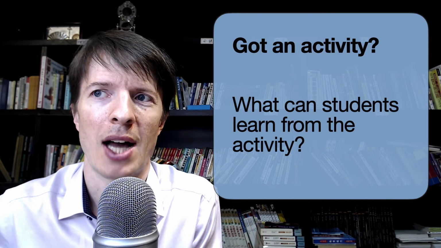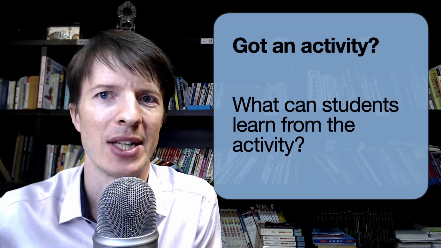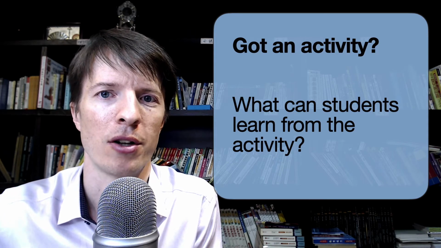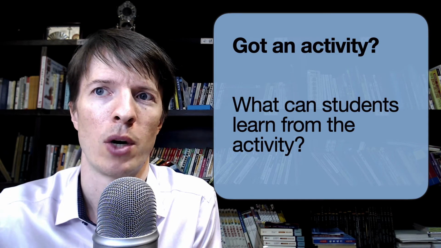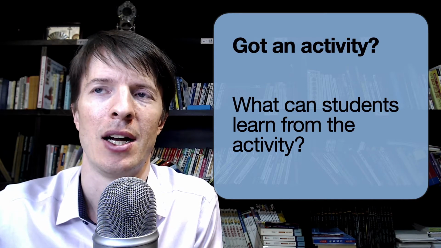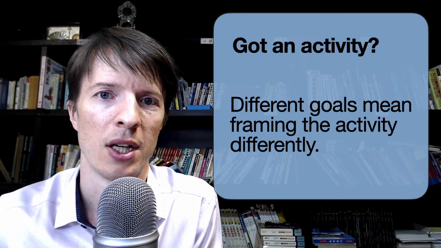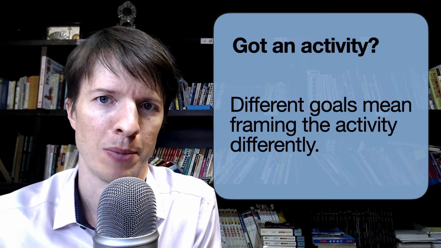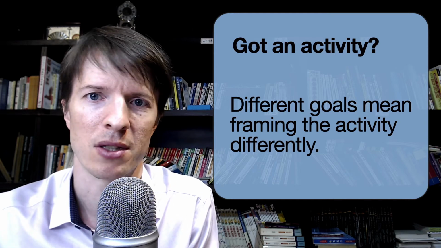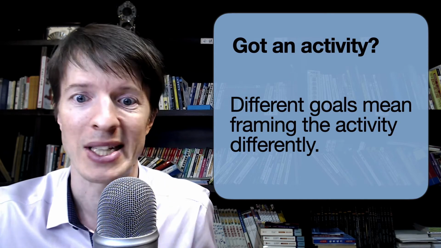So you need to take a step back from the activity and think about what pieces of the activity are going to be important, and what those pieces are leading towards. Depending on which goals you choose, you're going to frame that activity a little bit differently, and you might stop at different points and have different direct instruction pieces to it.